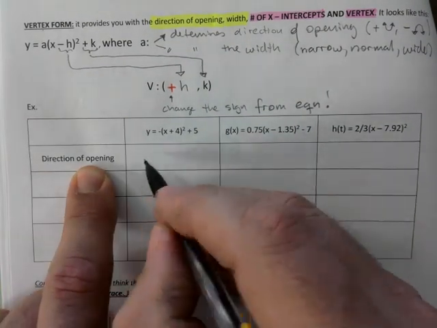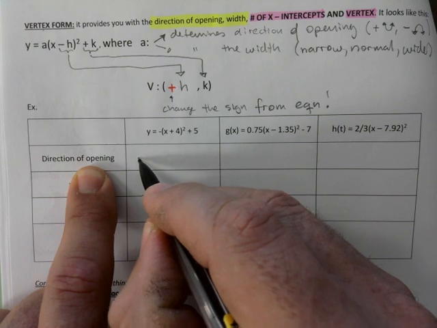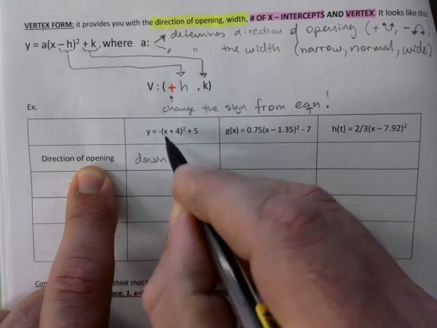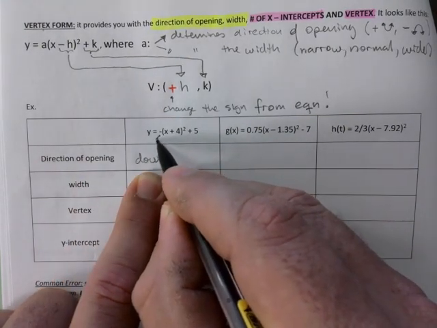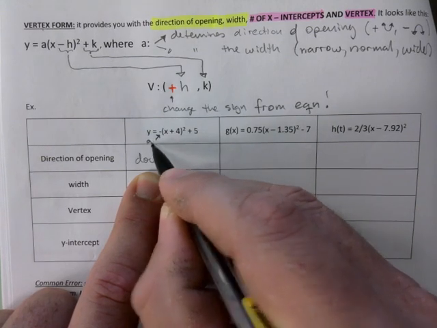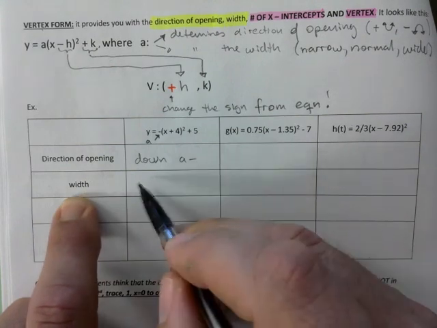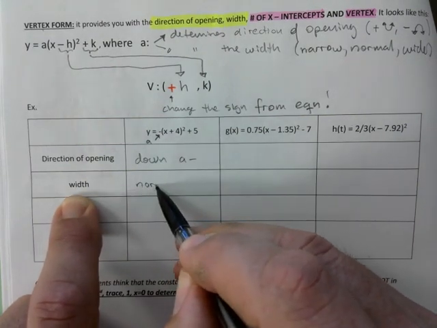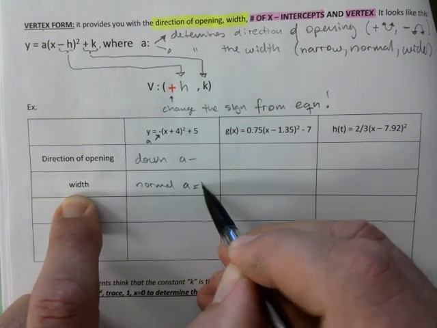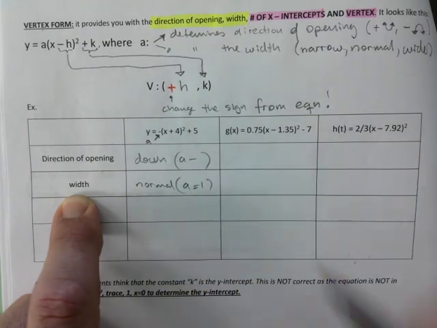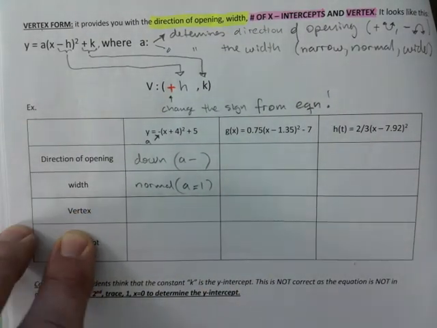Direction of opening, down. This one would be down because that right there is A, right? Whatever's in front of the bracket, so A is negative. The width is normal because A is equal to 1. I'm going to put that in brackets, the explanation as to why I said that.